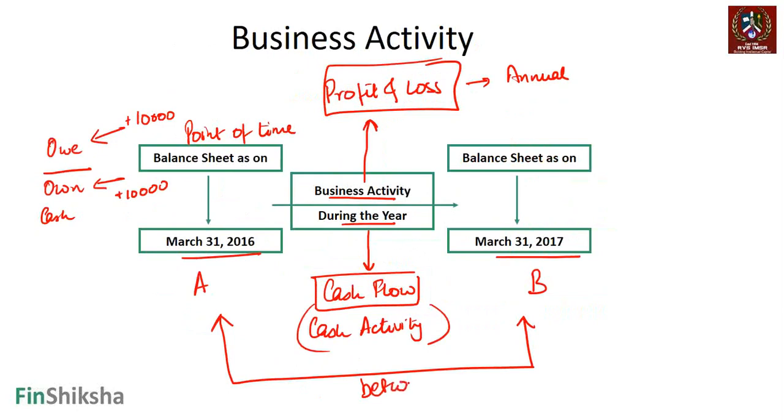So between these two dates, what sales you made and what expenses you made will get captured in the profit and loss account. Between these two dates, what cash came in and what cash went out will get captured in the cash flow statement. But on this date, what the company owns and owes is captured in the balance sheet, and on this date, what the company owns and owes is captured in the balance sheet, right?